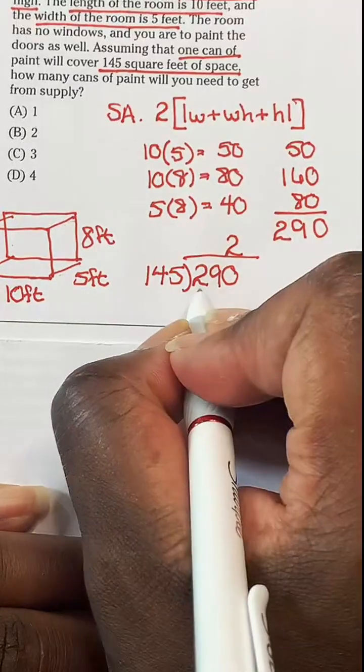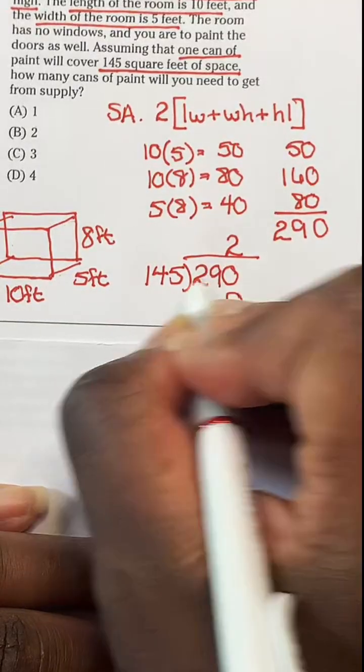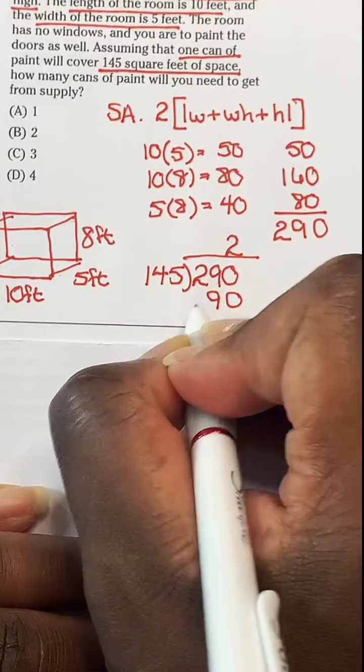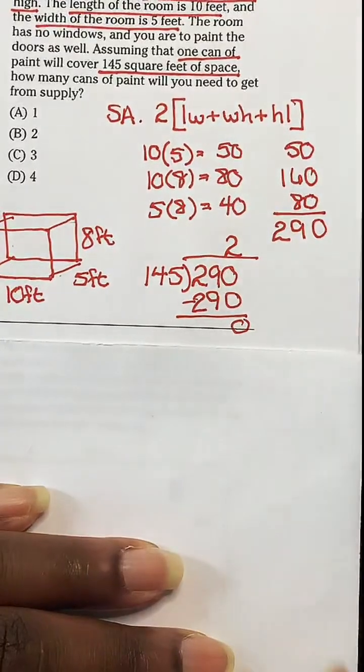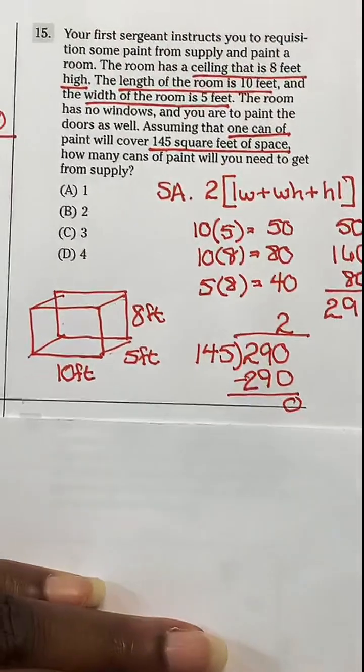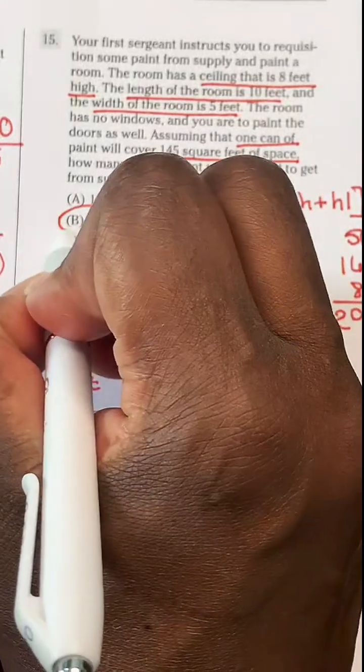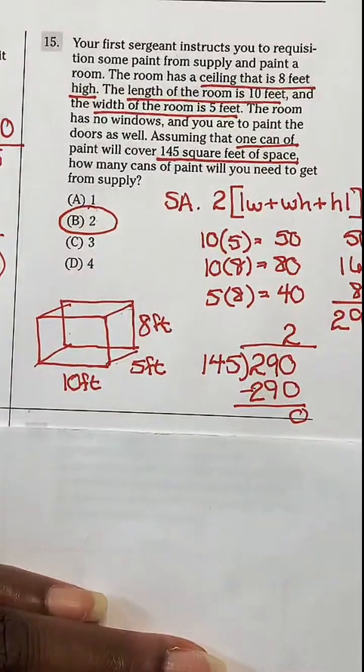So 145, that's 5, that's 10, 8 and 1, that's 9, which gives me 0. So you need exactly 2 cans of paint.